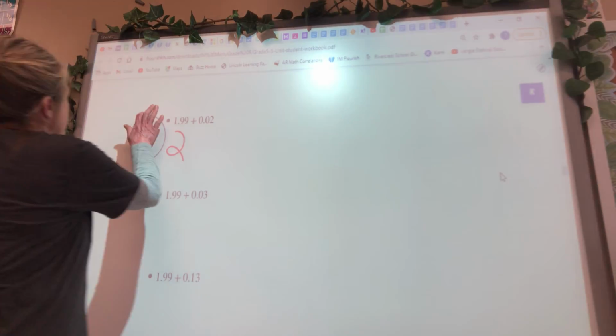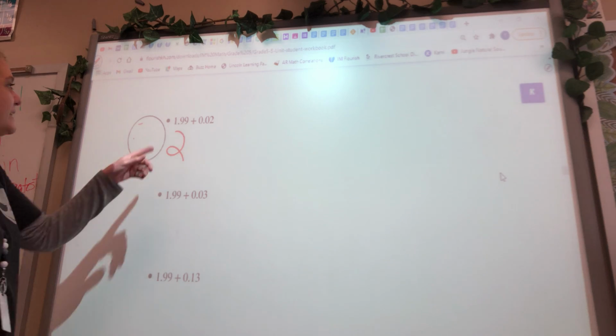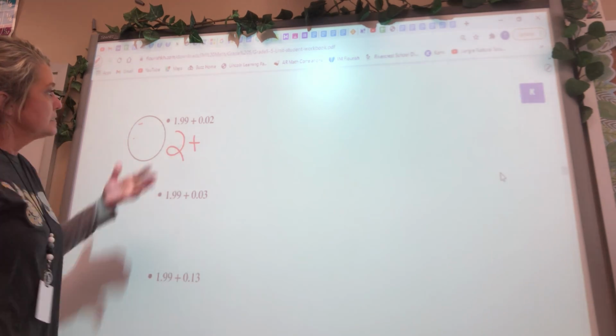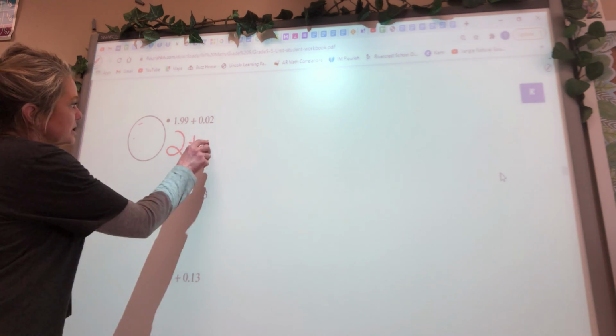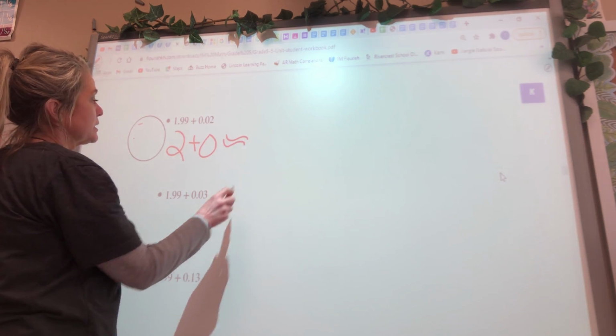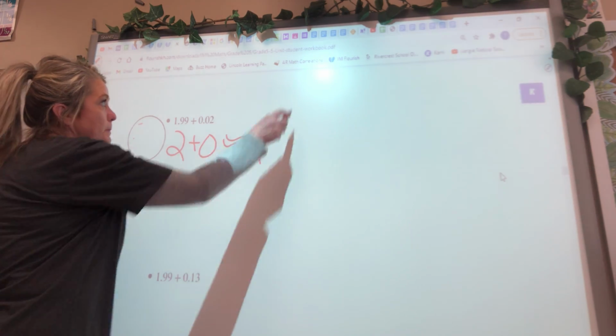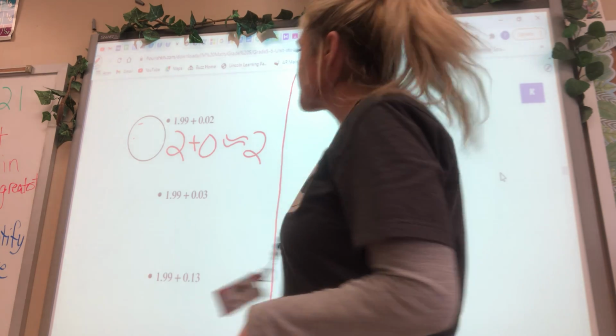Okay, I don't know why this circle won't disappear. The circle doesn't mean anything. All right, and then if we're just looking at this one again, it's just 0.02, so that's not even close to a whole one. So I've still got approximately 2, about 2, not totally equal, so I did the wiggles.